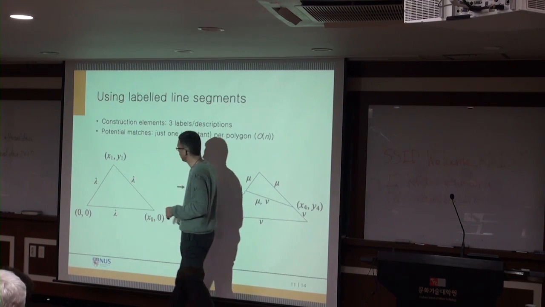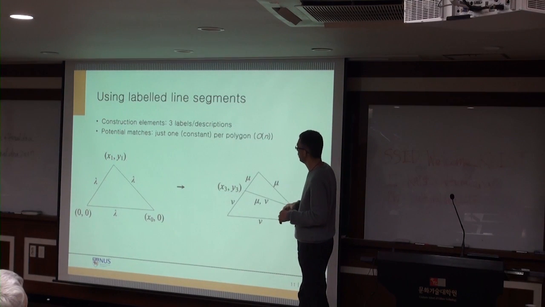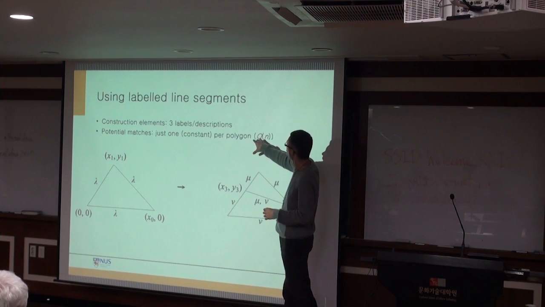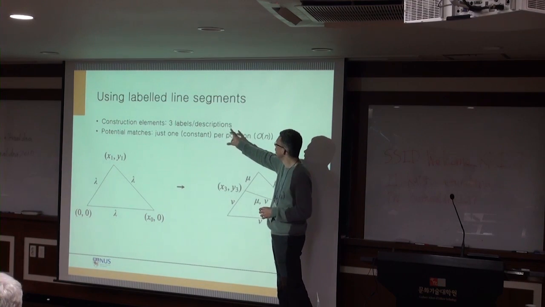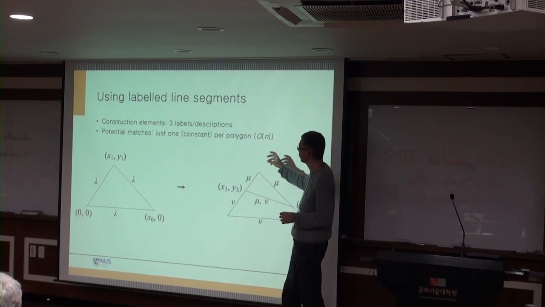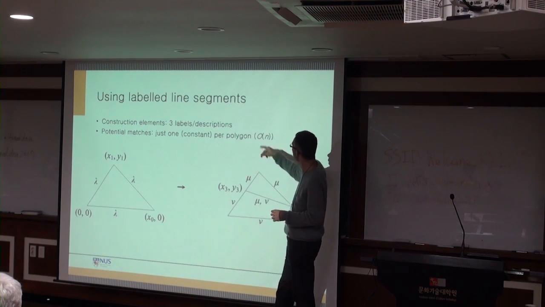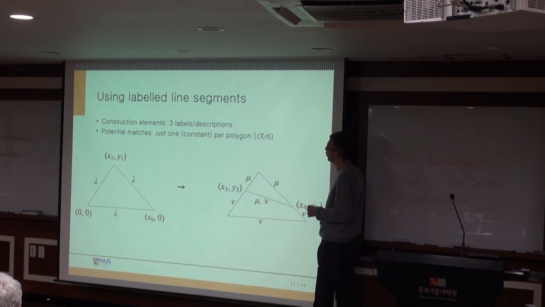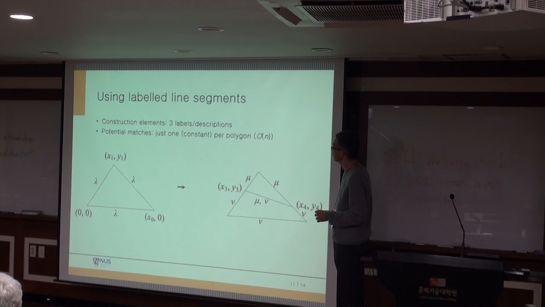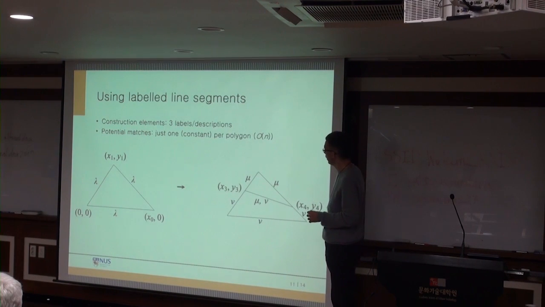But because the lines are labeled, you can group only those lines that have the same label. And so you, again, have just one or a constant, depending on whether it's a triangle or a quadrilateral or something, but a constant number of matches per polygon.